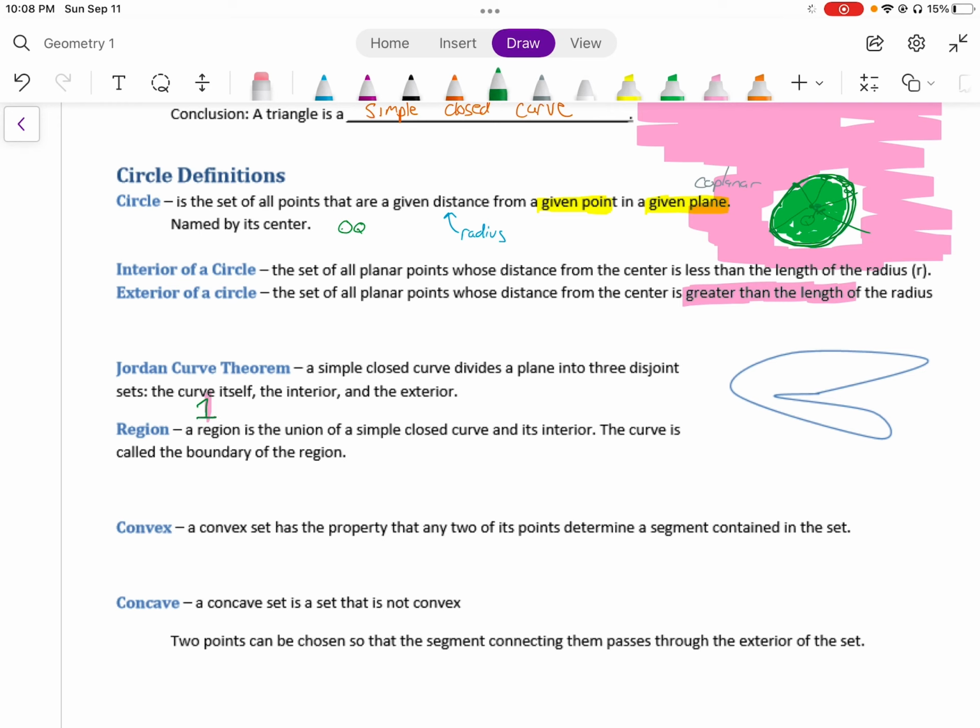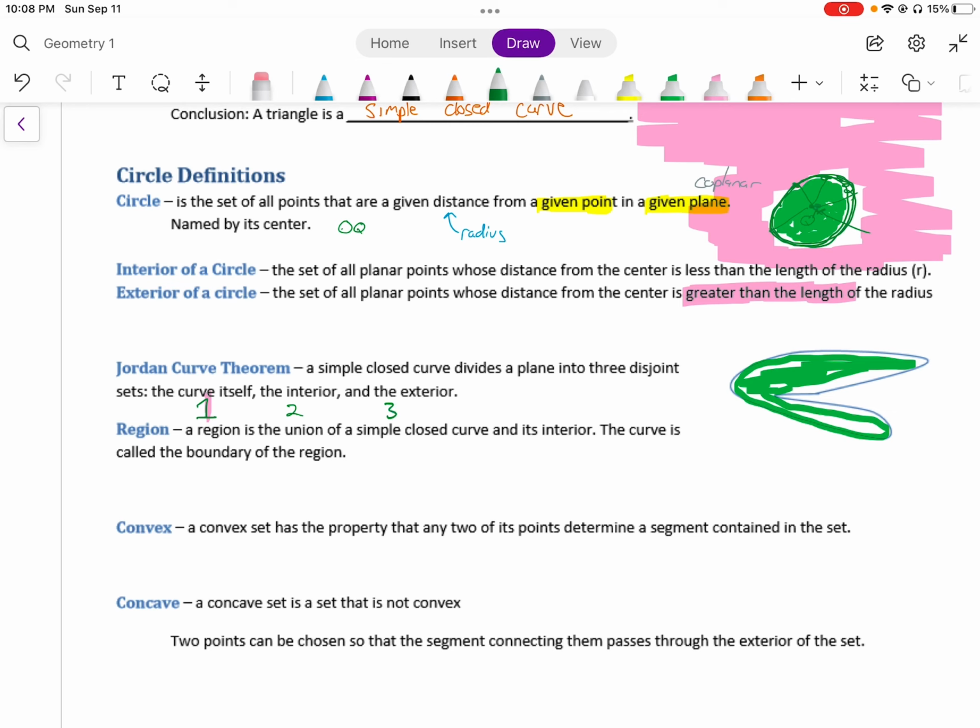The interior, that's all this stuff in here, the interior. Oops, I did not mean to color over the blue. So all the interior, that's the second part. And then the exterior, everything else. So that is the Jordan curve theorem. Every simple closed curve divides a plane into three disjoint sets.